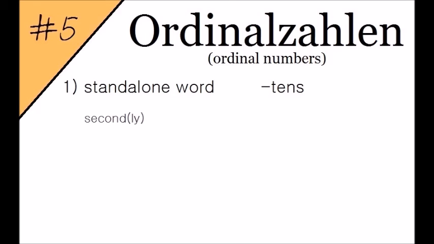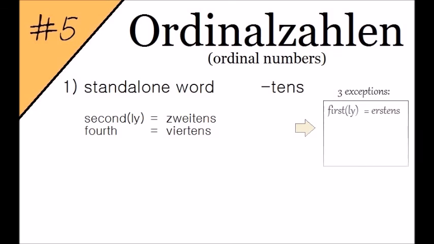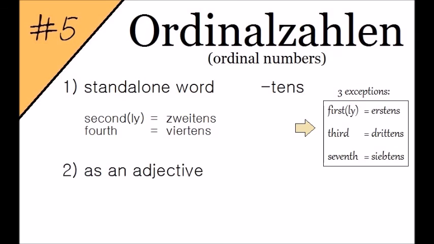Second or secondly in German is zweitens. Fourth is viertens. There are 3 exceptions. First is erstens. Third is drittens. And seventh is siebtens.